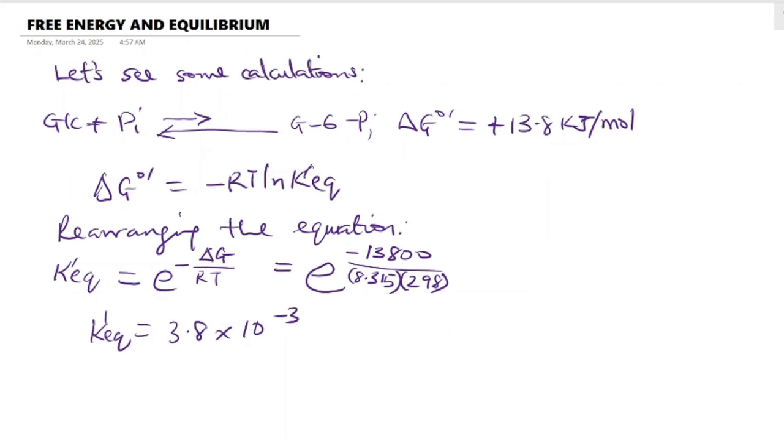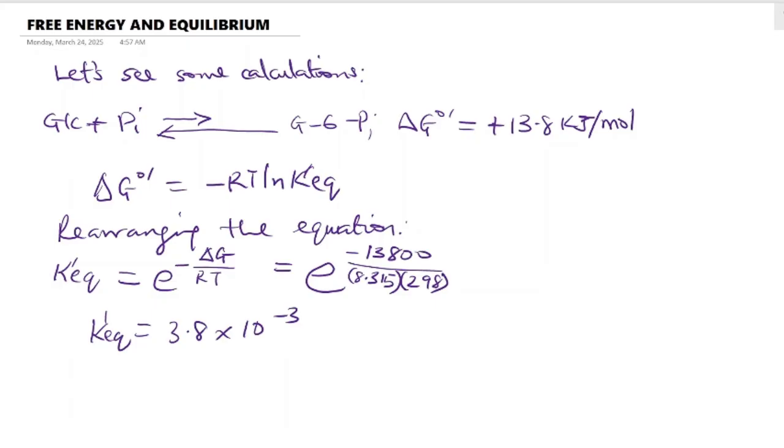So under standard conditions, the KEQ is very small, as you can see. That means equilibrium is going to lie to the left. From the KEQ, it implies that there is not a lot of product, but a whole lot of reactants.